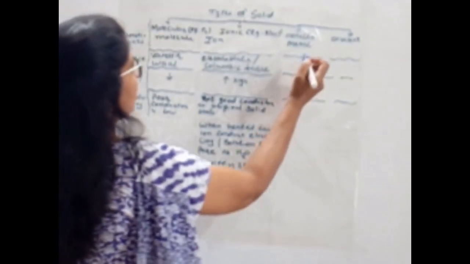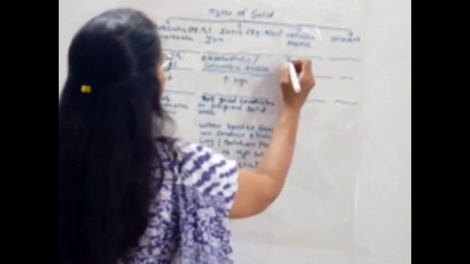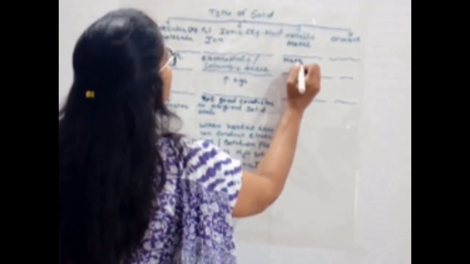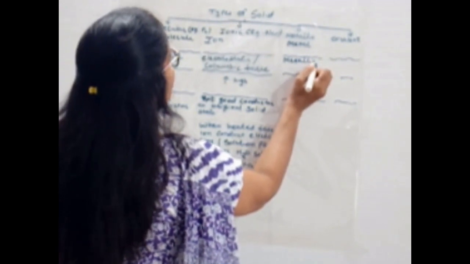Now here, what type of force occurs between that? Here they have some metallic force due to the kernel present in that. I will explain to you shortly what the kernel is and how it develops. So here it is a metallic force.